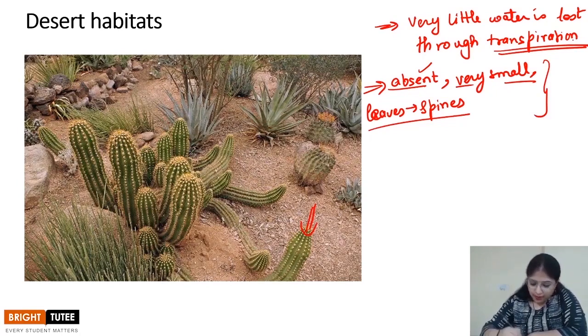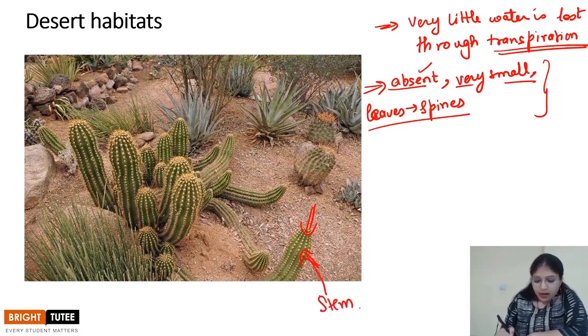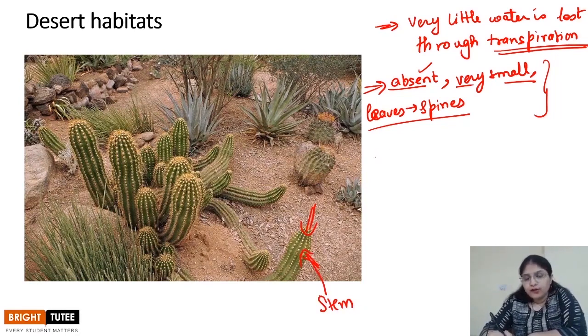Now you will observe that this particular structure which looks green, right? This green structure is actually the stem of the cactus plant, right? So the photosynthesis occurs in the stem, right? So wherever you will find this green structure, it is actually the stem, right? Over here you can see that this structure is the stem.